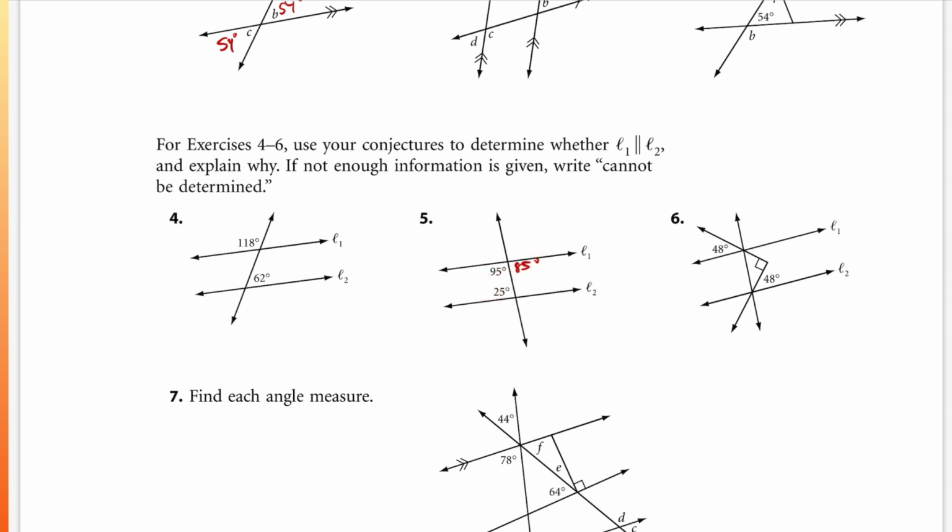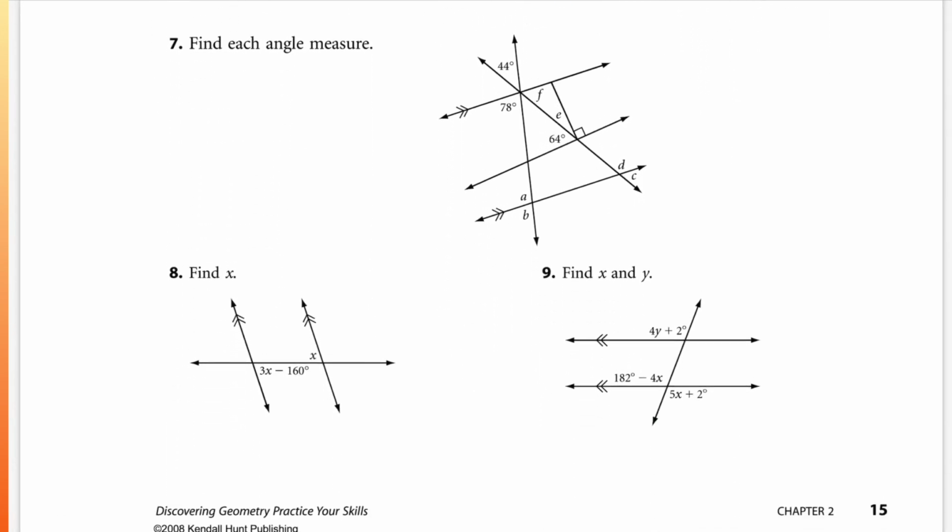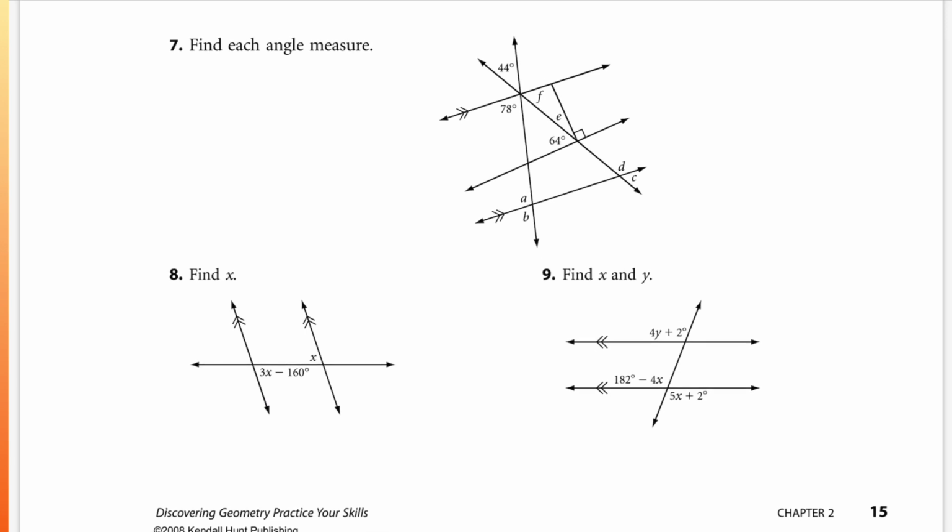All right. Let's try this last one. What do we know about alternate exterior angles? We know that those are congruent. We also know that vertical angles are congruent. So let's start off with the vertical angles because you have x and x. That's going to make it easier to solve instead of y and x.